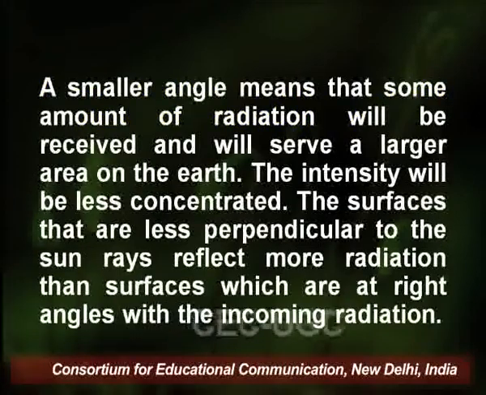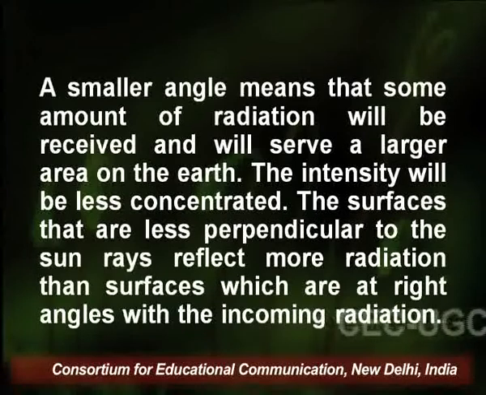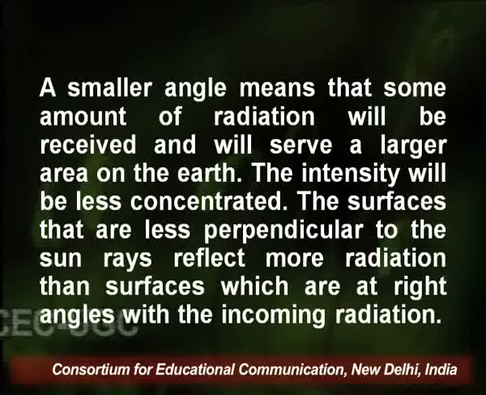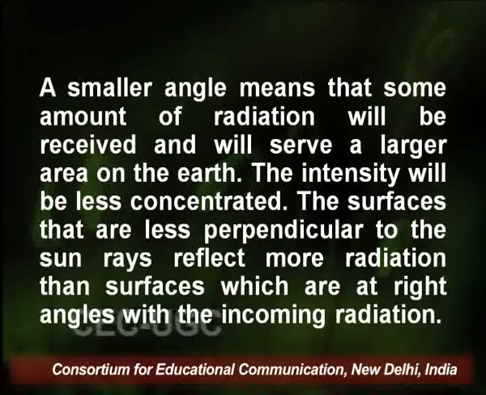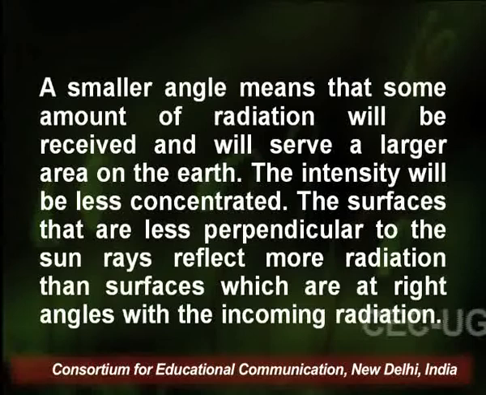A smaller angle means that the radiation received will serve a larger area on the Earth, so the intensity will be less concentrated. Surfaces that are less perpendicular to the sun's rays reflect more radiation than surfaces which are at right angles with the incoming radiation.